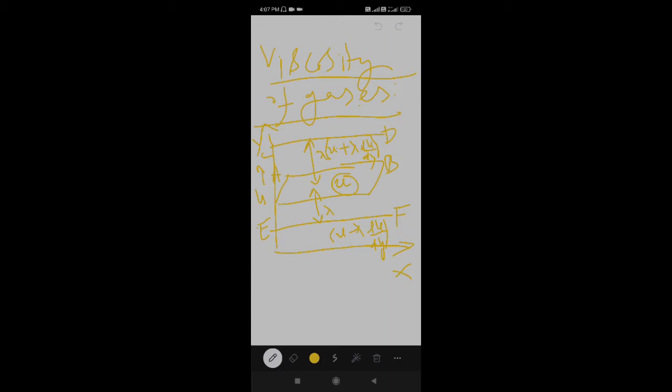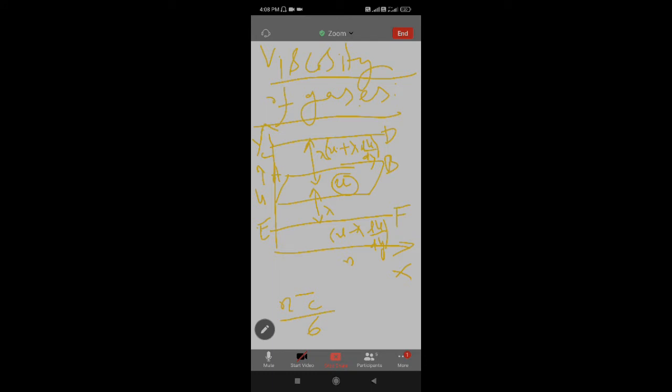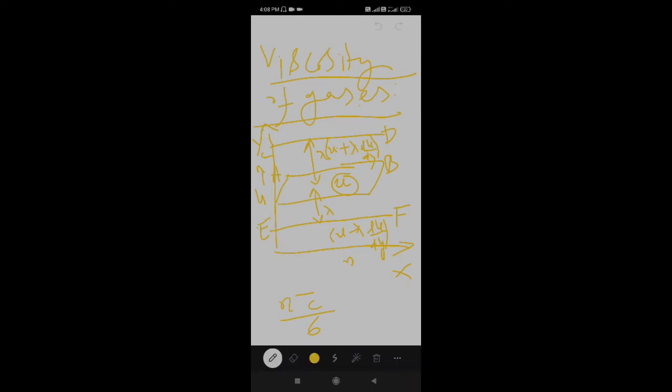That is to be noted as n into average velocity by 6, because n by 6 molecules are moving up, and the same n by 6 molecules are moving down, in each direction. It applies to the x direction, the y direction, and the z direction as well.